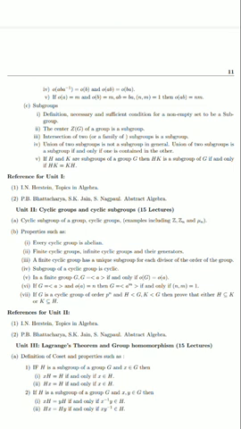Now, in unit number two: cyclic groups and cyclic subgroups. Cyclic groups, cyclic subgroups of a group. Examples including Z, Zn and μn.